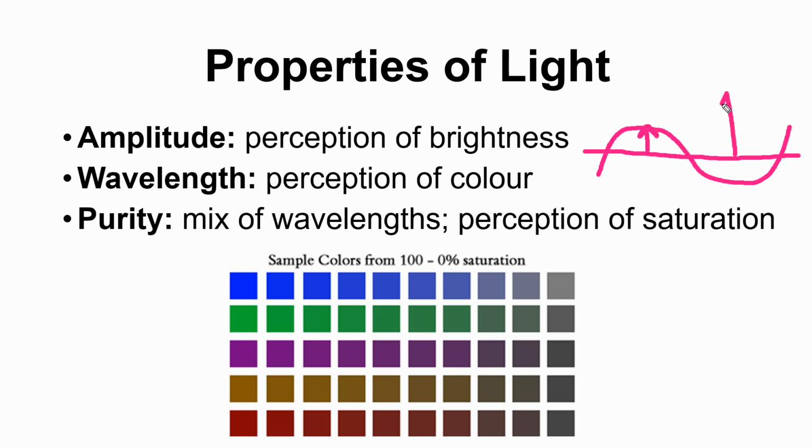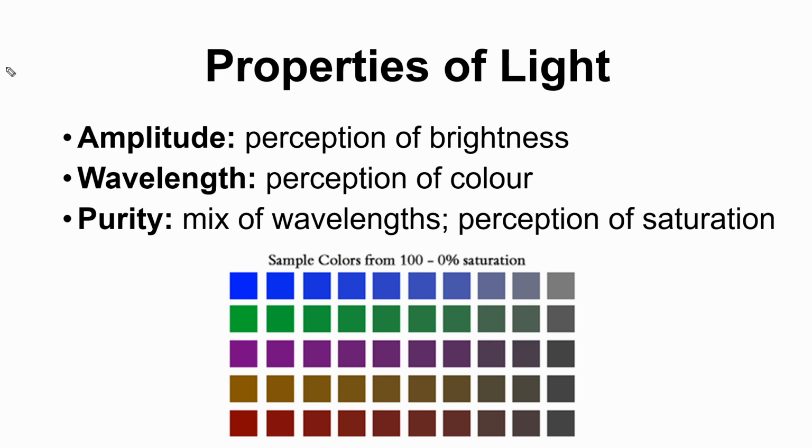So a larger amplitude, a much larger wave, just has more energy. When we were talking about sound, larger amplitude meant louder sound. But for light, larger amplitude is going to be a brighter light. So our amplitude relates to brightness.